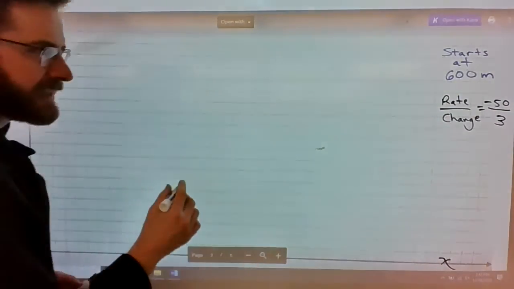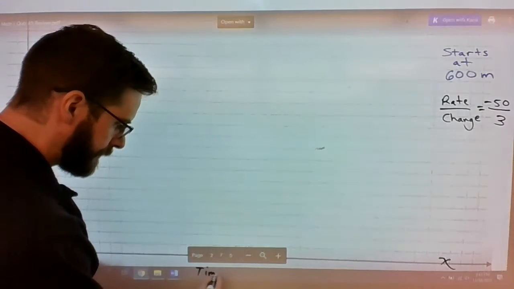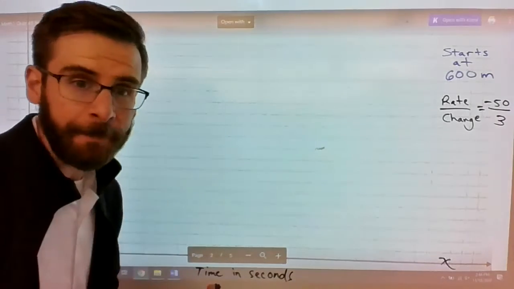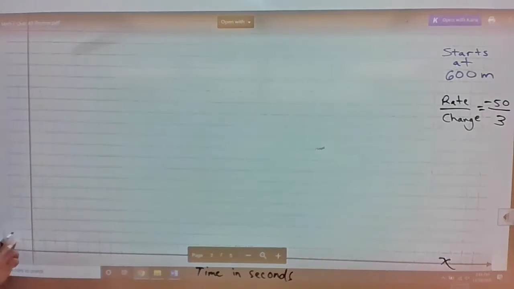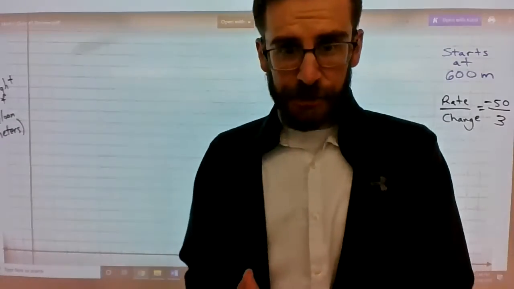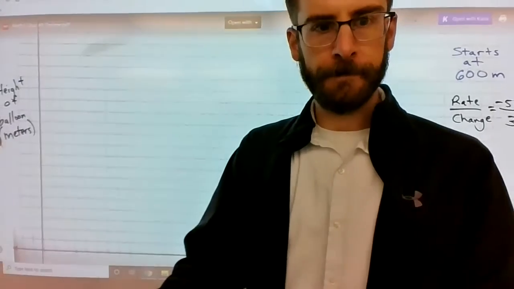This is going to be time in seconds. And who knows, I may skip count. I'm not deciding that just yet. And then this is going to be the height of the balloon in meters. So it's important that we have seconds for the x-axis and meters for the y-axis.